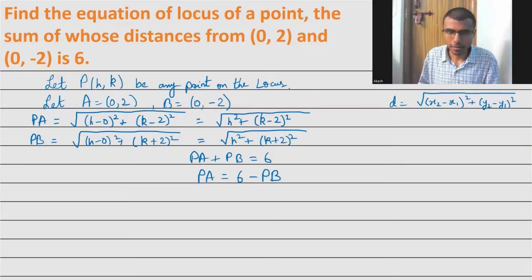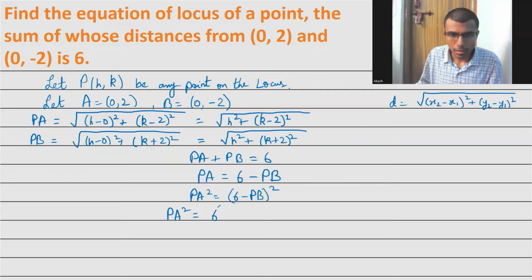Now let's just square on both sides. So I get PA square is equal to 6 minus PB whole square. Now let me just expand the square. PA square is nothing but 6 square plus PB square minus 2 into 6 into PB, which would be nothing but 12 PB.